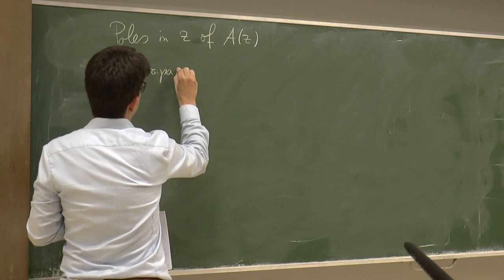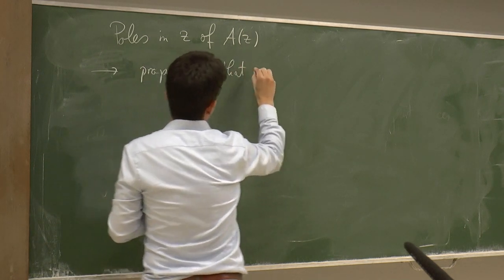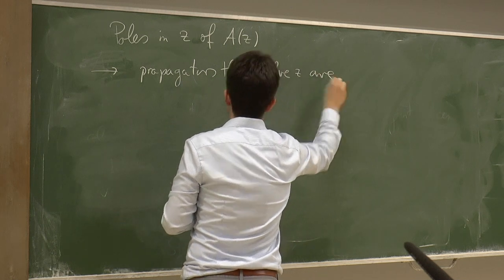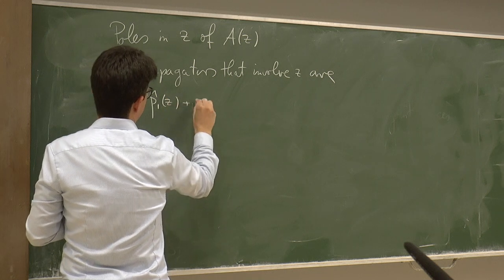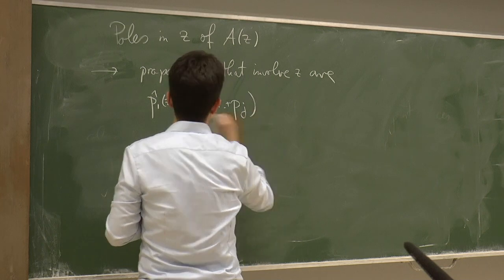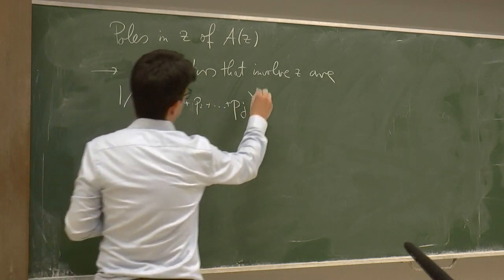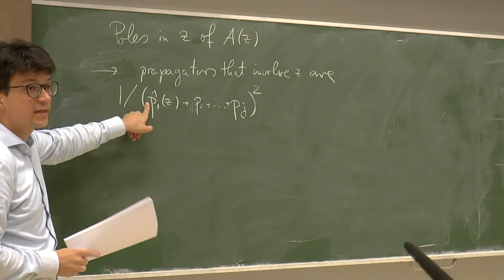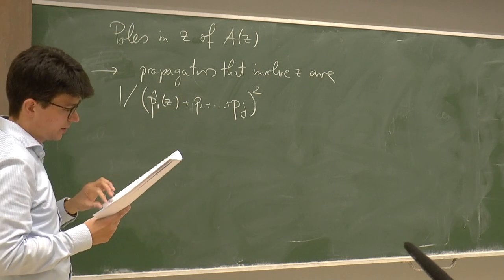So the propagators that involve z are the following. We need P1, and then we can sum this up to some j. So 1 over this would be the propagator. We cannot go further on this side because there we'd add Pn and then the z dependence drops out.